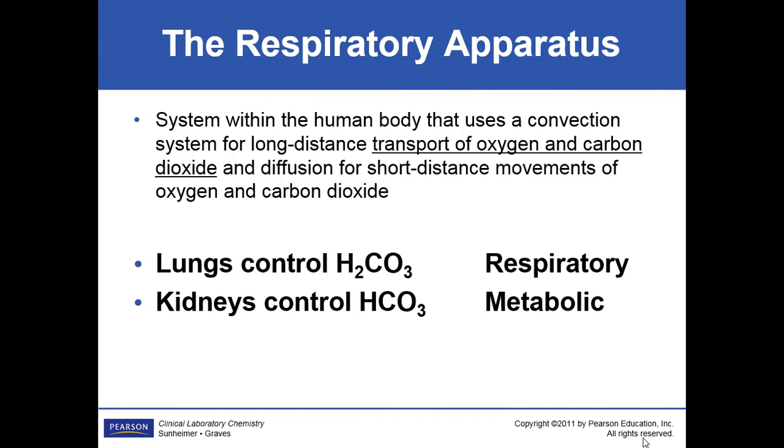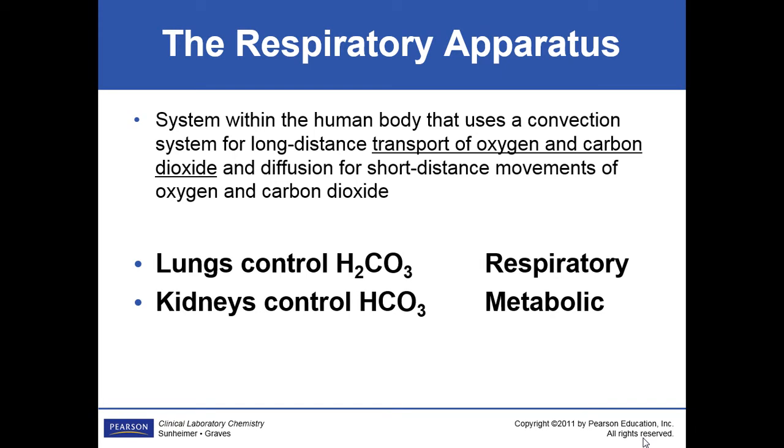The respiratory system will use a long distance transportation or a short distance movement across the membranes. Okay, long distance meaning it travels through the bloodstream, and then once it gets to the cells, it quickly switches over your oxygen and your carbon dioxide.